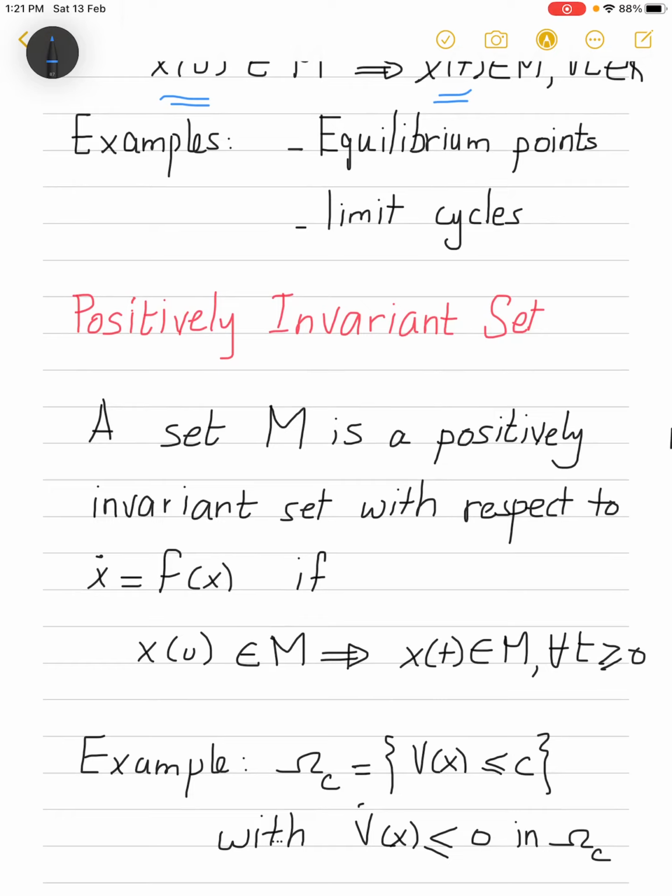So here we require that the system will remain in the set M for all positive times. The basic difference here is that this is defined for positive time, while in the case of an invariant set, it is defined for all time, positive or negative.